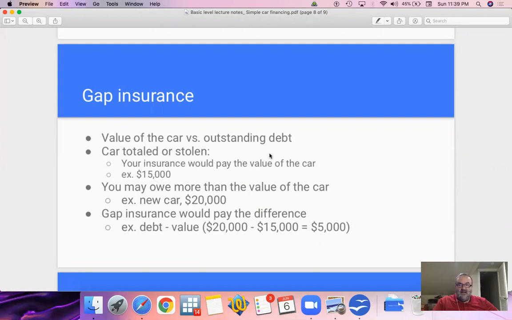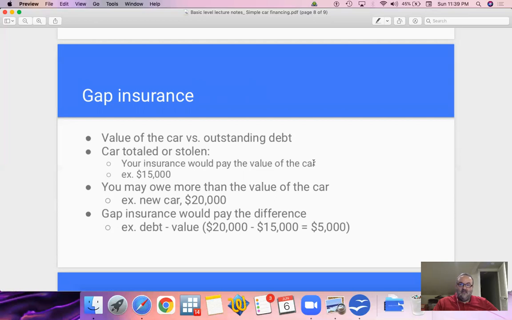And that's terrifying, because if you buy a car, say $20,000, and you park on the street, and the first night or the first week, first month, your car gets stolen, your insurance will pay the value of the car. They will have a blue book value, and then they will pay that.